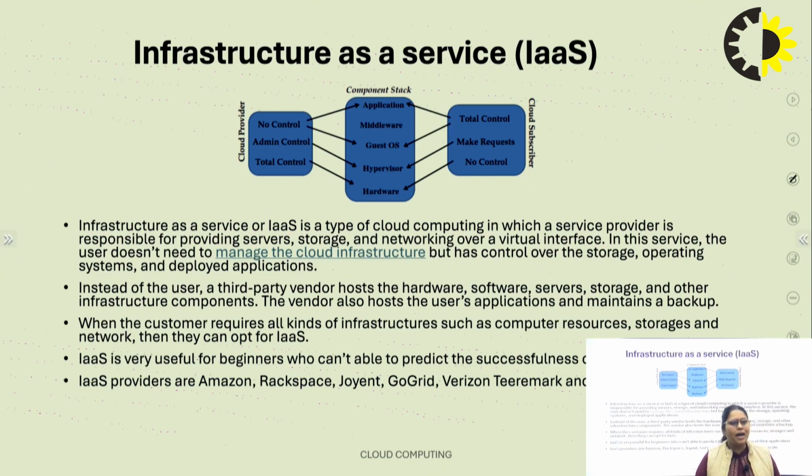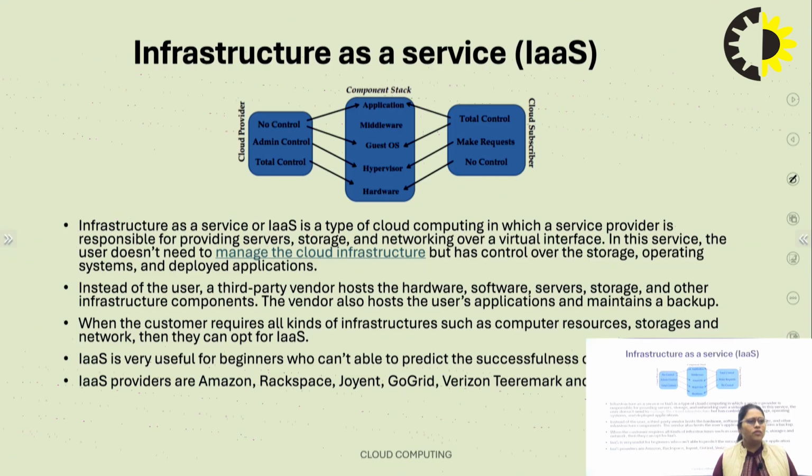We can say that they provide whole virtual machines to the cloud consumers. In this service, the user doesn't need to manage any cloud infrastructure on their machine, but they have control over the storage system and deployed applications.